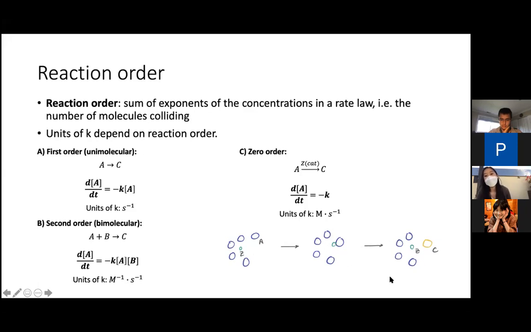And so no matter how much of A you add, the reaction rate will not increase. So that is why the rate law does not have the concentration of A in it.